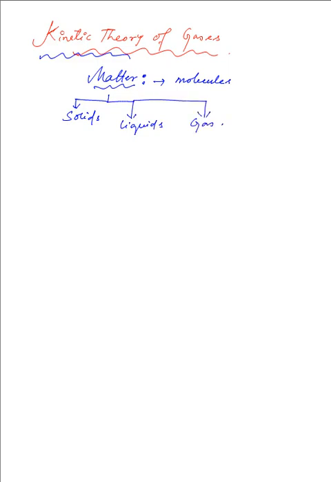Now, these undergo various properties. According to the kinetic theory of matter, the various properties of matter can be explained, such as expansion and melting, also the case of boiling.